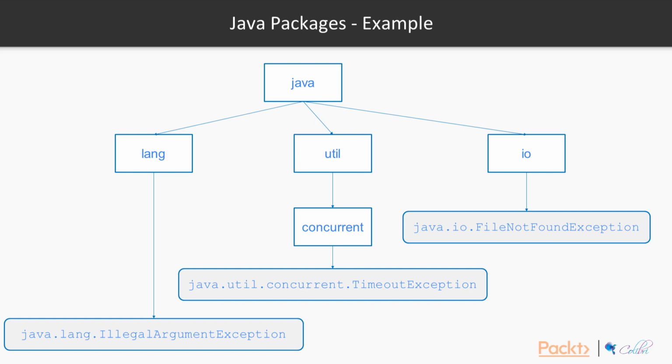Finally, as FileNotFoundException has to do with files and data structures on disk, it falls under the io package. In the three gray boxes, you can see how each of these classes can be addressed using a full qualifier, and based on this name, we will already know how to search for the source code of these classes inside the JDK source code.